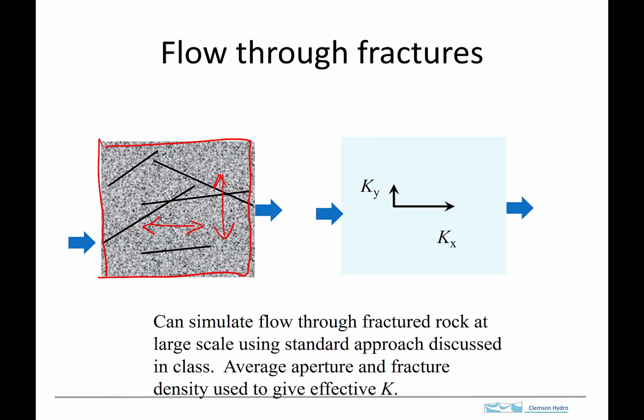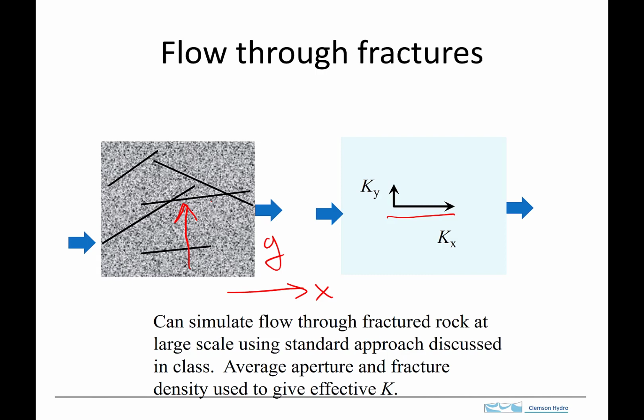In this direction, we're going to flow through this fracture. So if we say that this is the x direction and this is y, then kx will be much larger than ky, because with this system that we've drawn, there is no connected fractured network in the y direction.